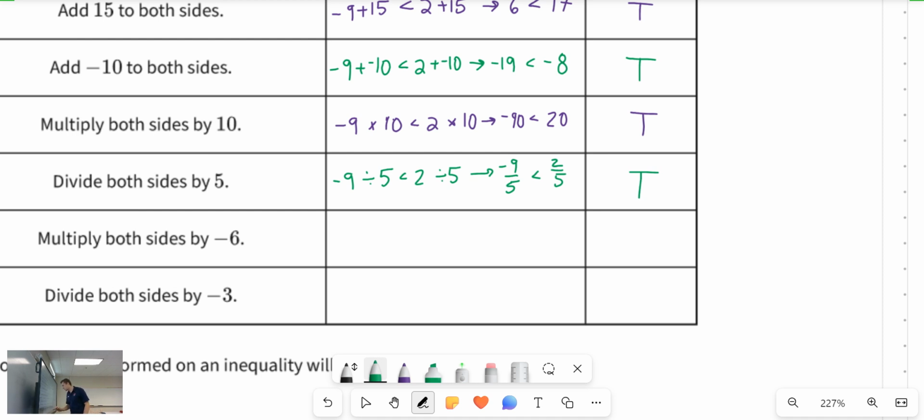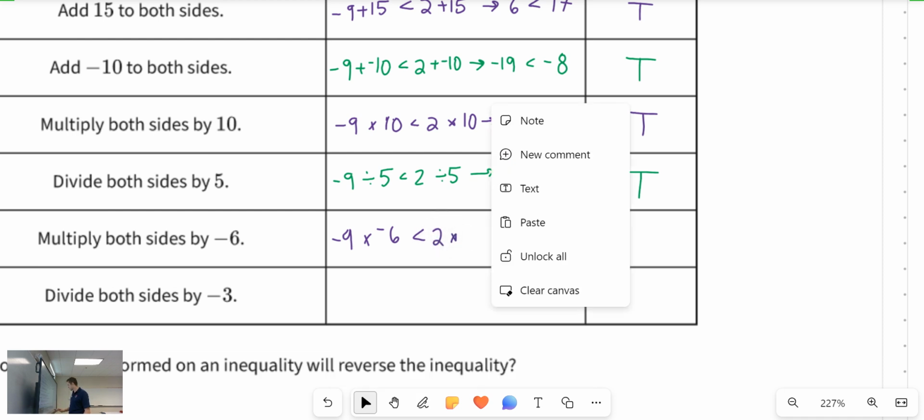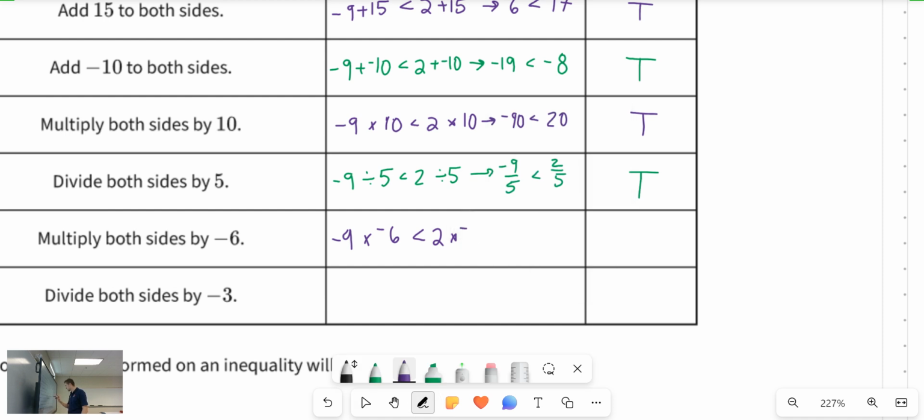All right, let's multiply both sides by -6. Switching to purple. Here we go. Multiply both sides by -6. -9 times -6 is less than 2 times -6.